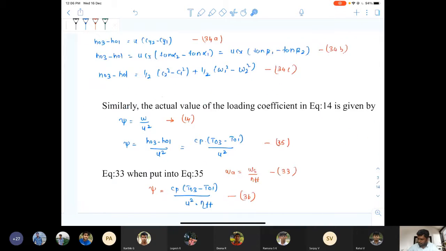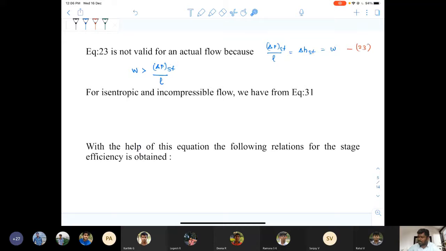Therefore, if you combine this equation and equation number 31, you will get delta P at the stage divided by rho equal to Ws, equal to H03SS minus H01, which equals Cp times (T03SS minus T01).